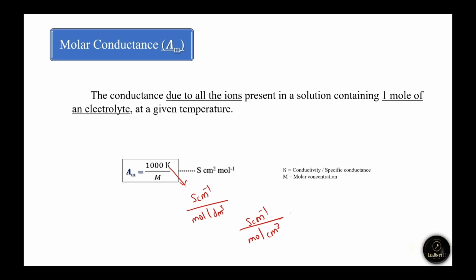So Siemens per centimeter into cm cube divided by moles, so one centimeter goes, and that's why Siemens centimeter square per mole is the unit of molar conductance.